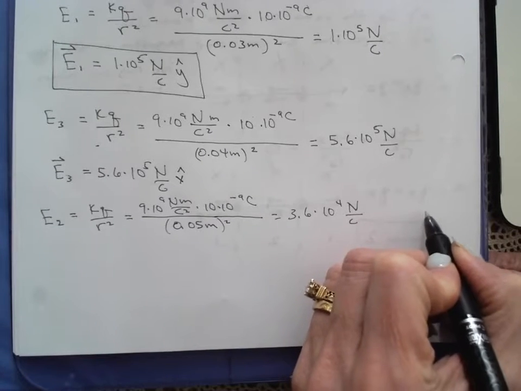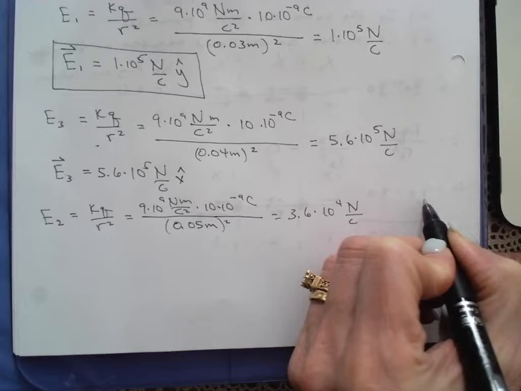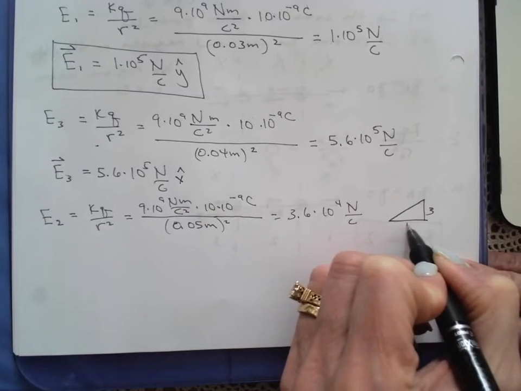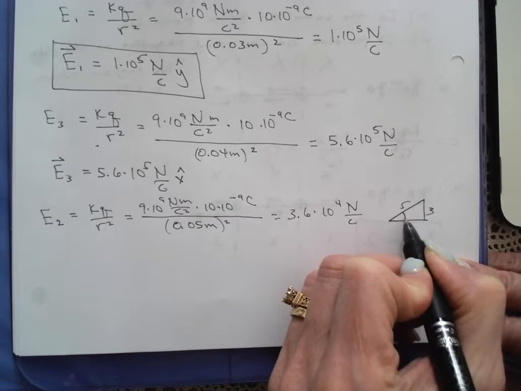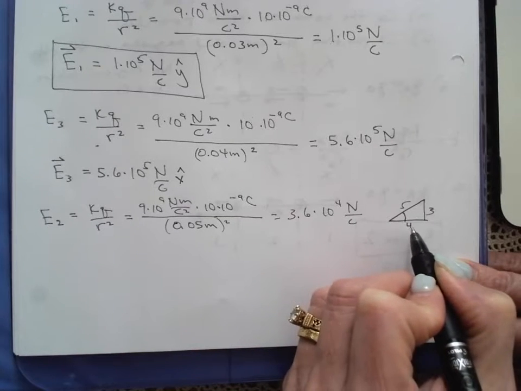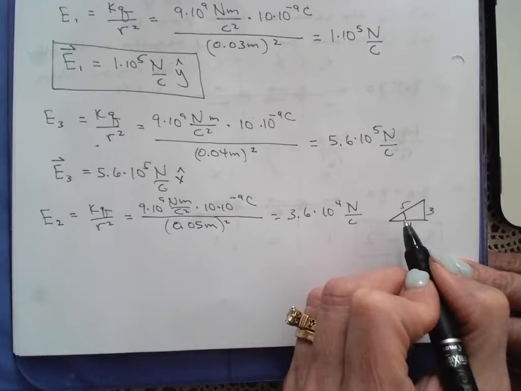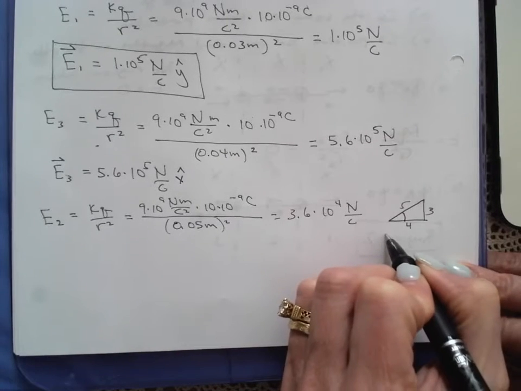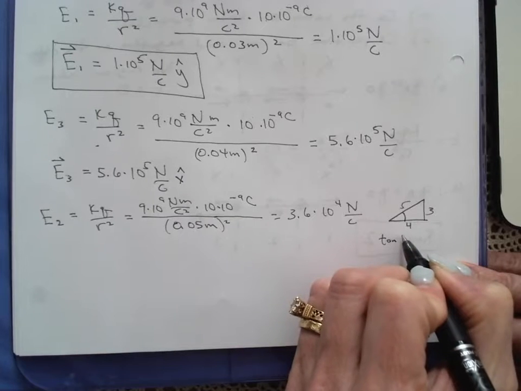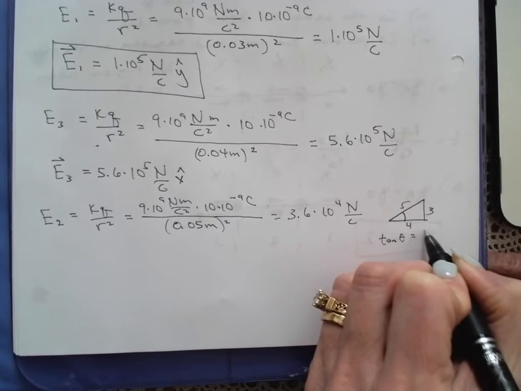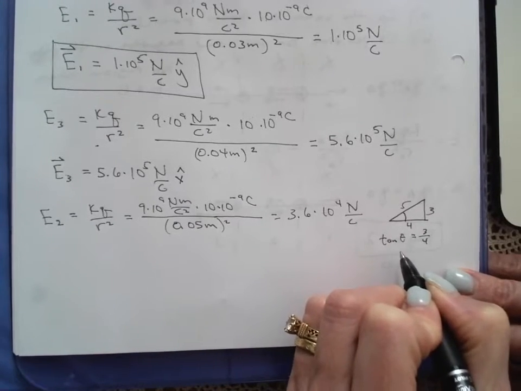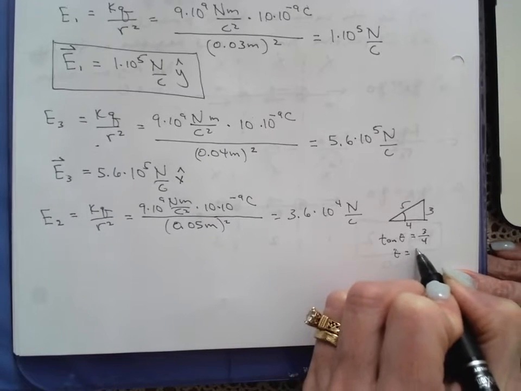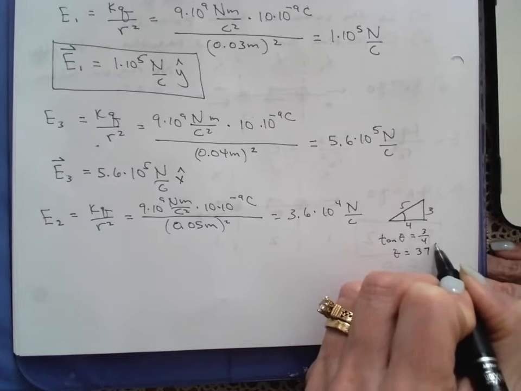So I'm going to draw my triangle right here, with sides 3, 4, and 5, and I want to find this angle. I'm going to use the lengths to find the angle, and then I can find the components of my E field for 2 using that angle. So tan of theta is equal to 3 over 4. When I plug that into my calculator for arctangent, I get theta is equal to 37 degrees.